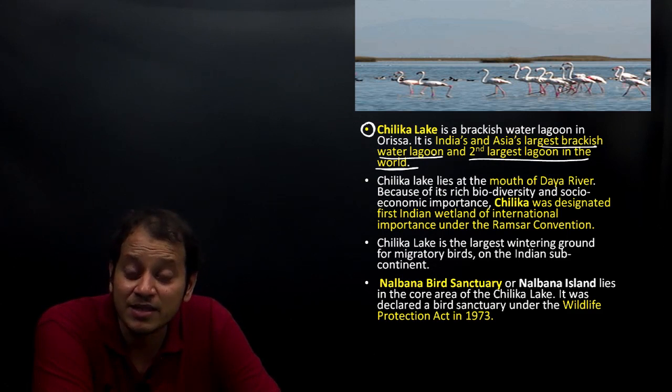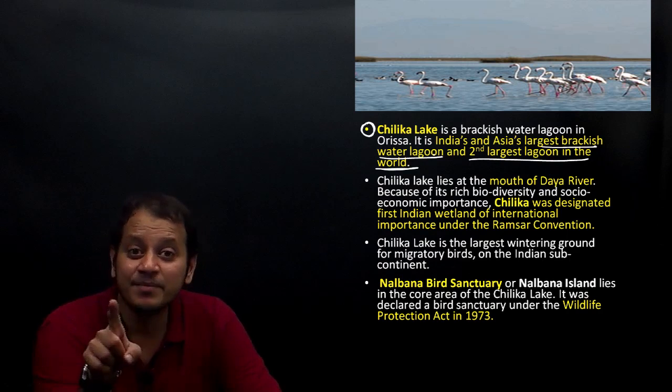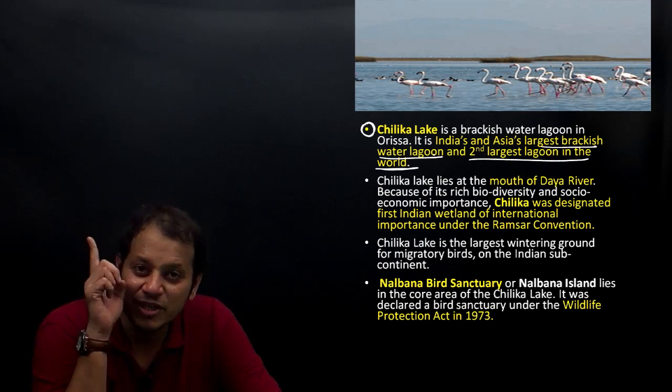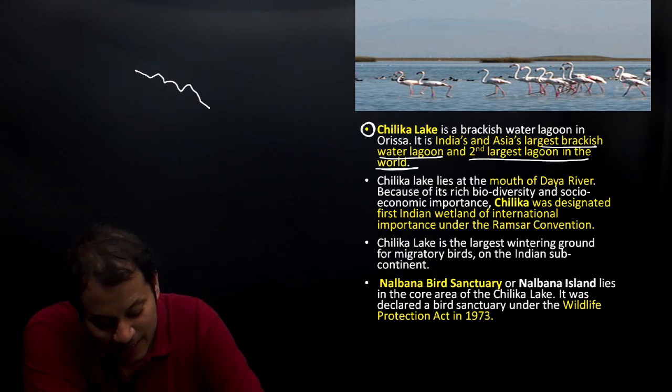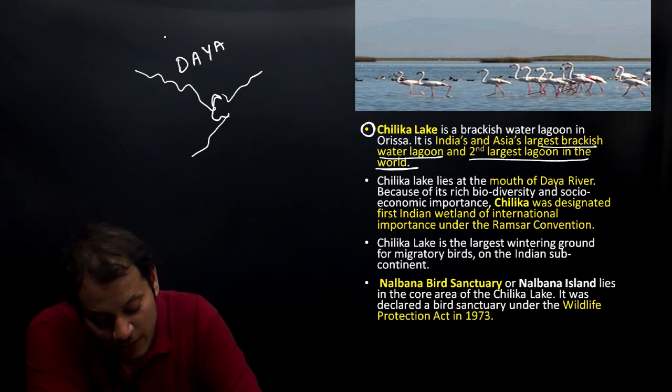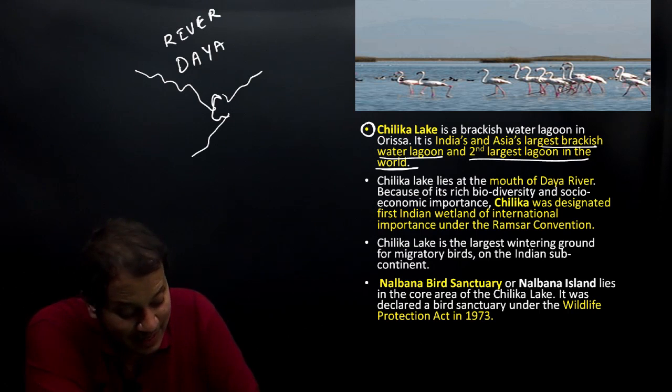Now where does the Chilka lie? You know in which state? It lies in the state of Orissa, at the mouth of a river which drains here. This river is known as the Daya river. So remember, the Chilka lies at the mouth of the Daya river.